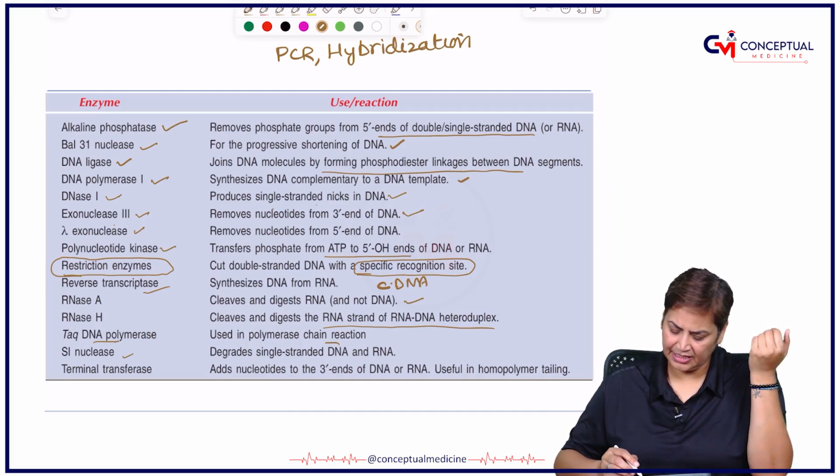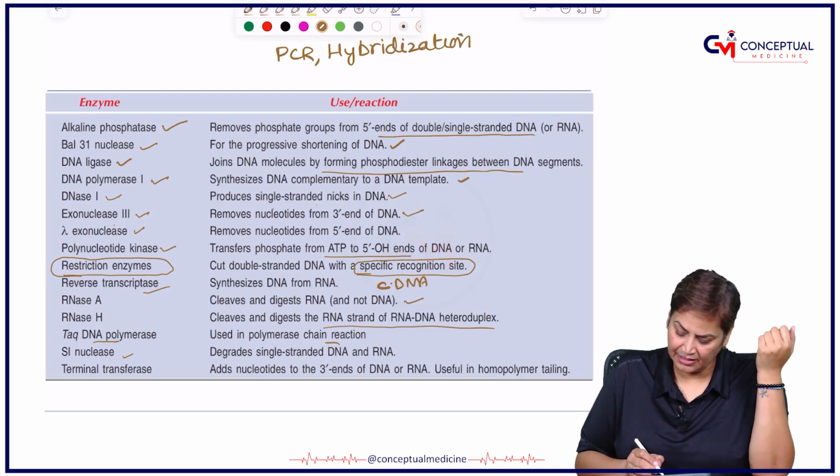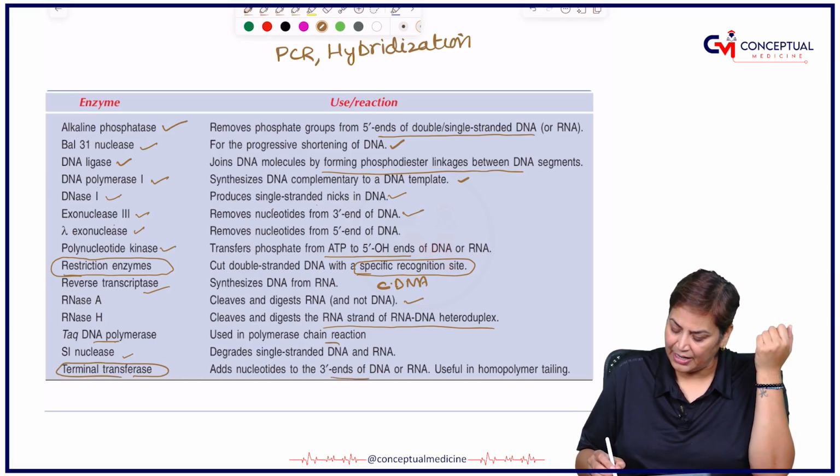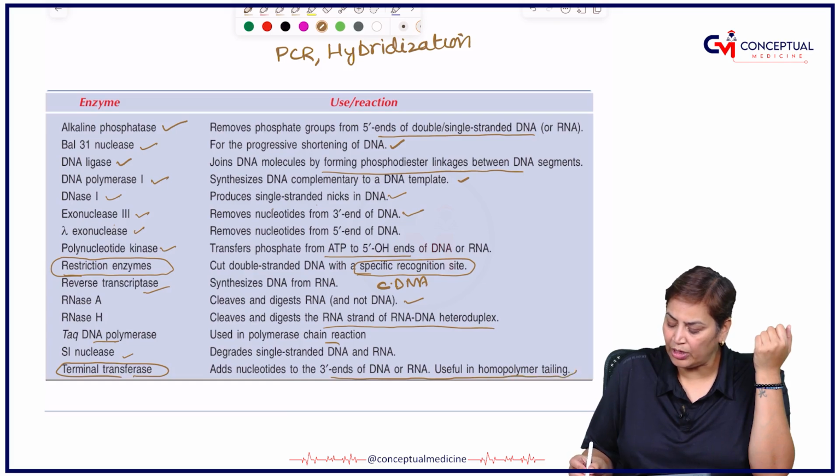S1 nuclease degrades single-stranded RNA. Terminal transferase is also very important: it adds nucleotides to the 3' end of DNA and RNA, used in homopolymer tailing.